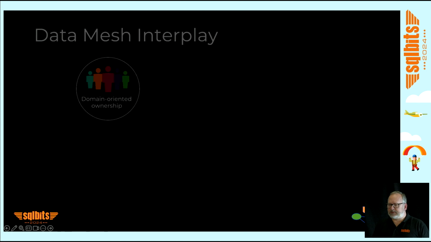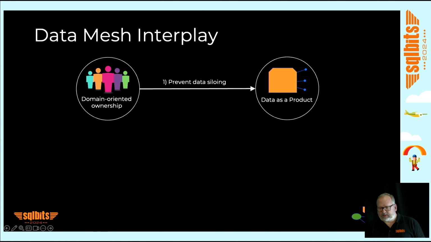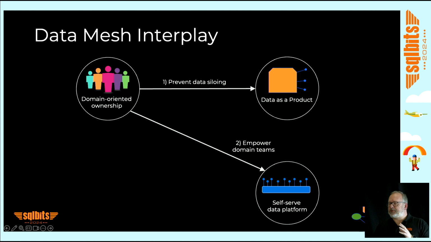So what we then get is this kind of relationship between the different principles, this data mesh interplay. On the domain-oriented ownership's relationship to data as a product, by data as a product, you prevent data siloing. And also the relationship to the self-serve data platform, it empowers each and every domain to create new data products.